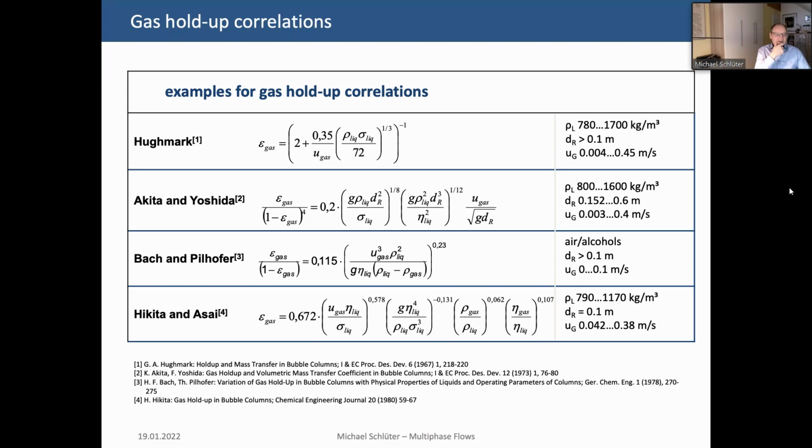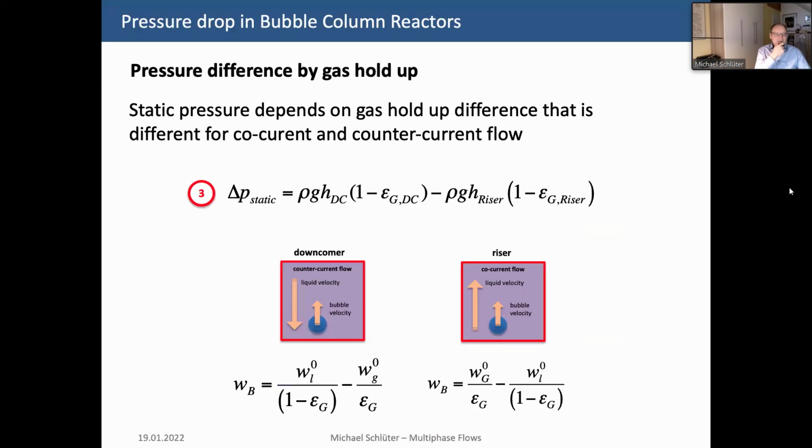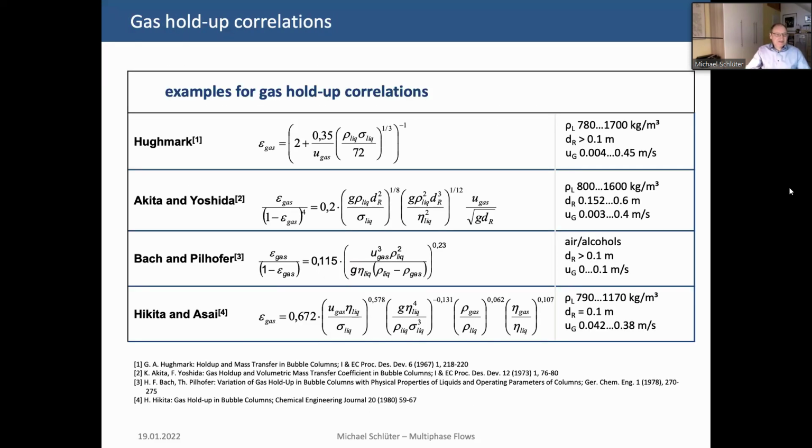This means if you have a changing surface tension, then it might be that the equation is still okay. If you use this equation here, no surface tension is taken into account, so the Bach and Pirhofer correlation is probably not very useful if you have changing surface tensions. And as we know, the surface tension strongly changes the gas hold up. So this is one example.